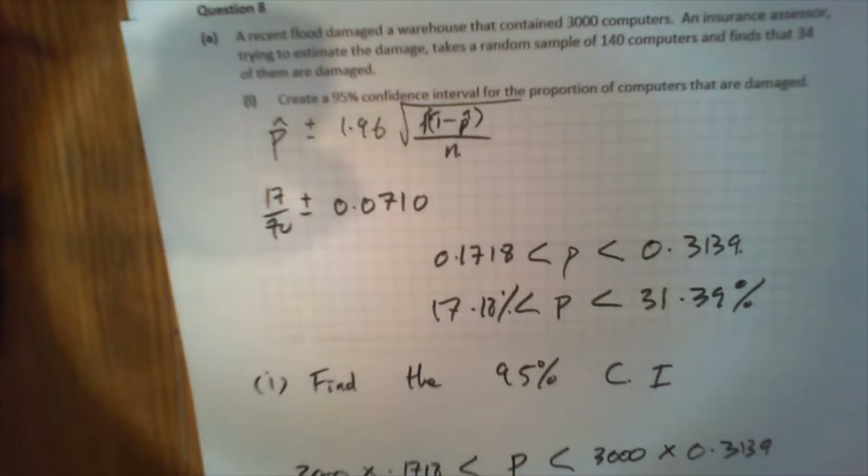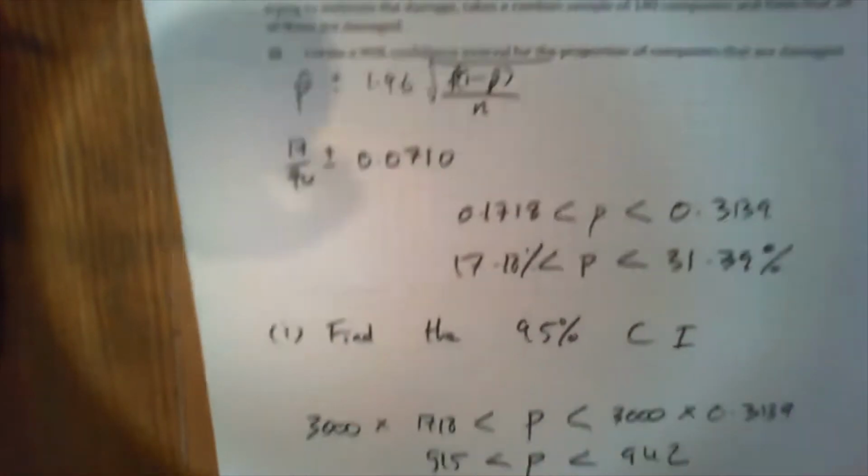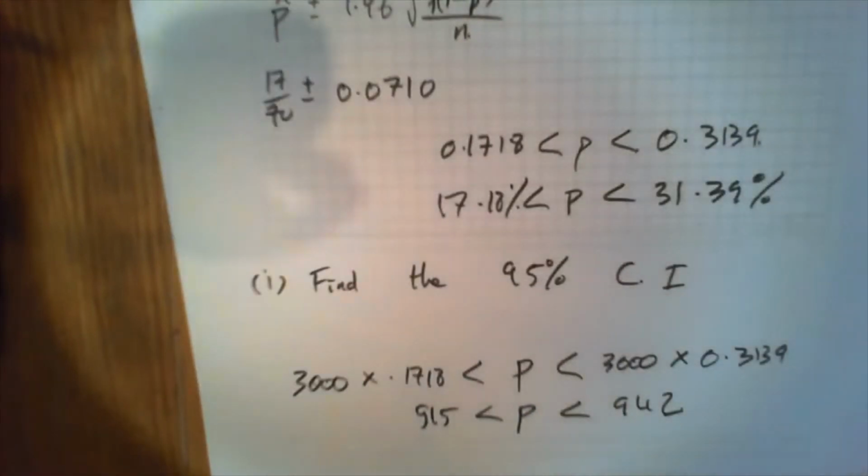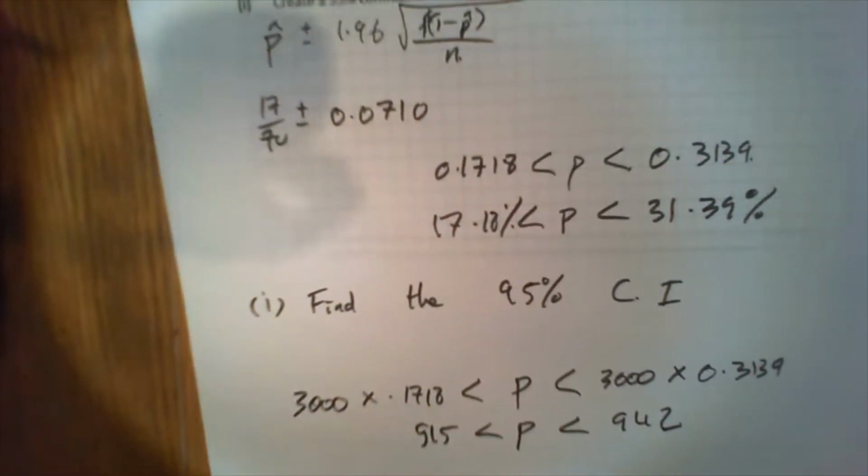So somewhere between 515 and 942 computers in reality. That's what we're actually dealing with.